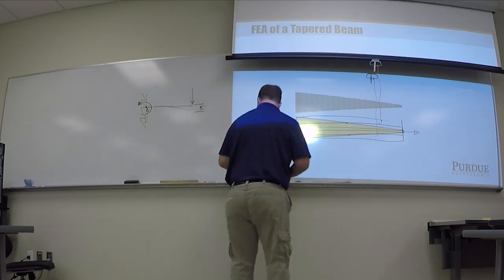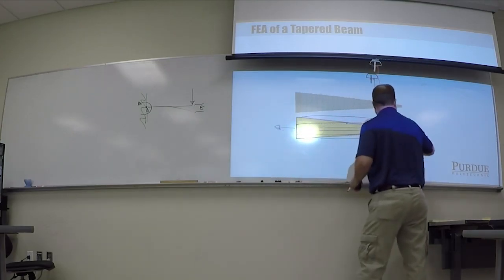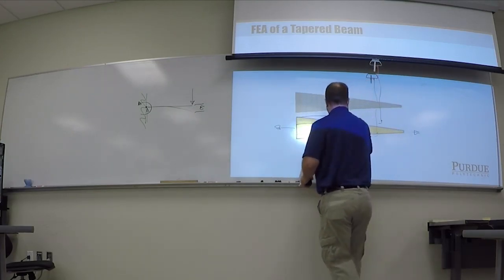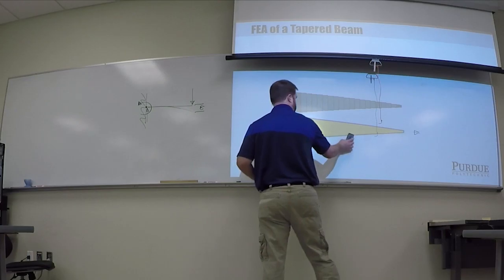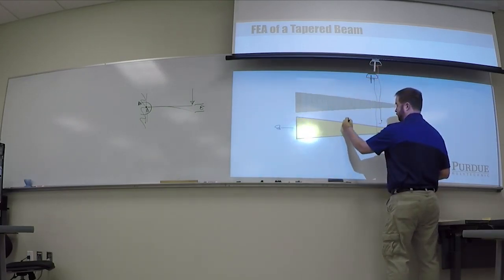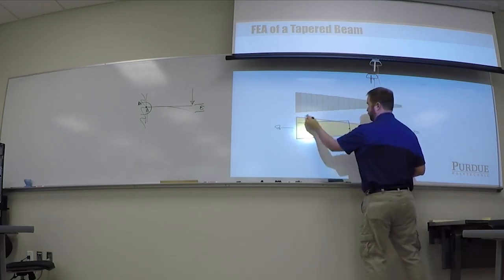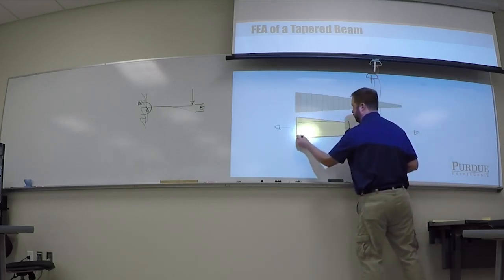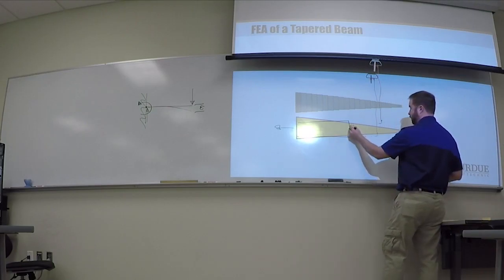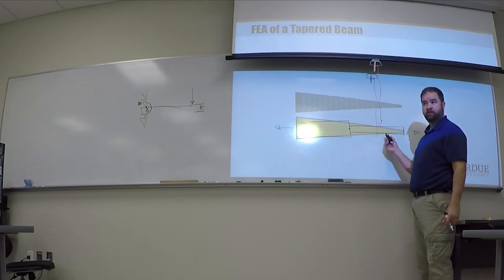If I wanted to get a little bit better answer, I could maybe divide it into 2 elements. Okay? So split it in the middle. And I could do one element that is the average of the thicker part, and another element that is the average of the thinner part.